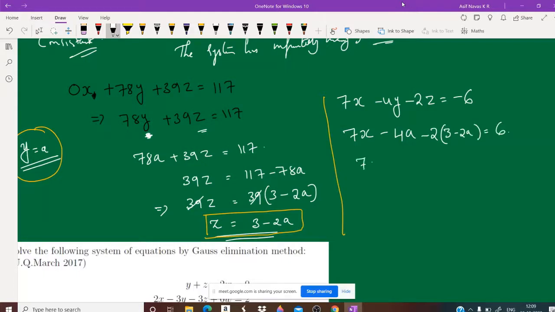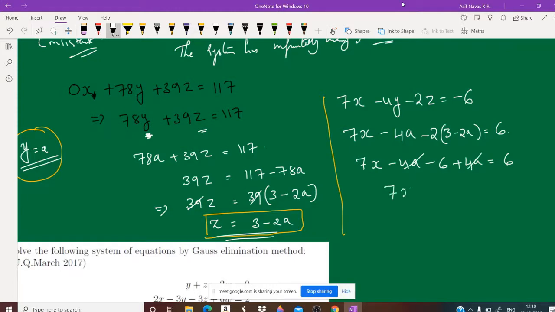So this is 7x minus 4a minus 2 into 3, 6, plus 4a, right? Is equal to minus 6. Now 4a and 4a get cancelled.